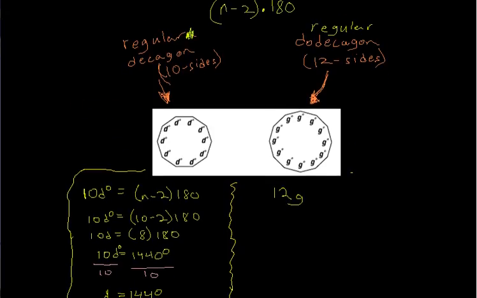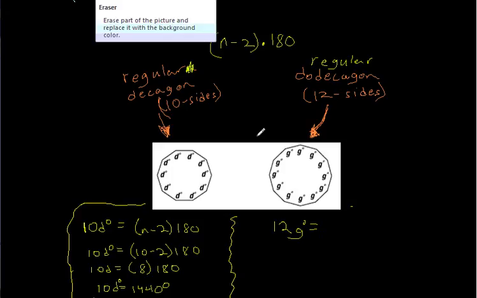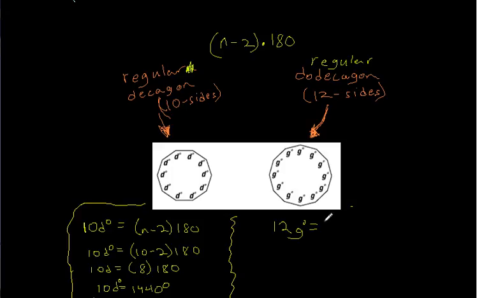I could say that 12g degrees is equal to n minus 2 times 180, or I could do the reverse: 180 degrees times n minus 2.